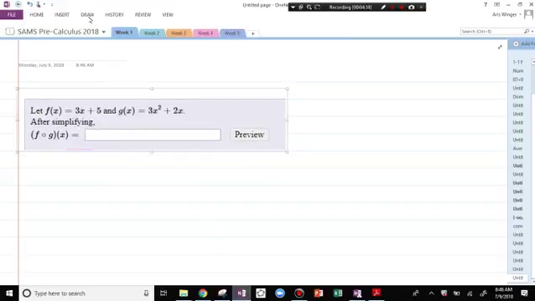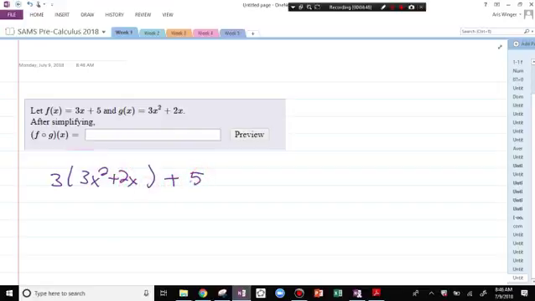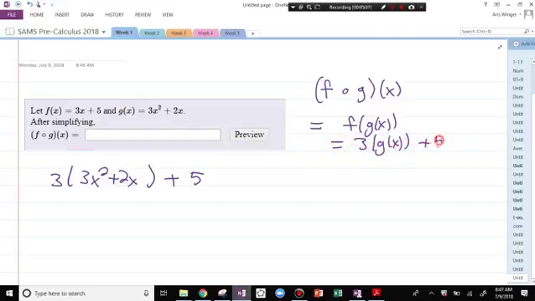F of G, street version, take G, plug it into F. 3 times 3x squared plus 2x plus 5 now becomes a question of how much we want to simplify. Right? F little circle G of x is equal to f of g of x, which is equal to 3 times g of x plus 5, right?